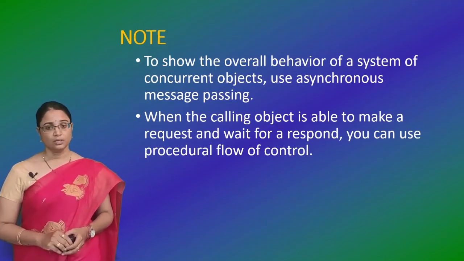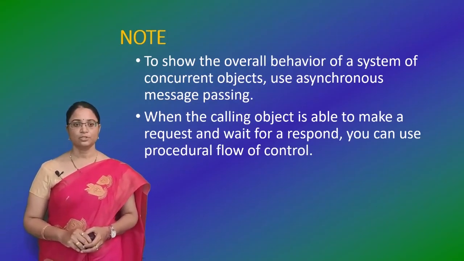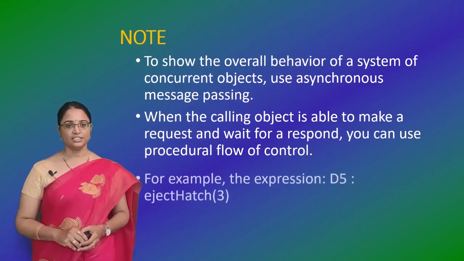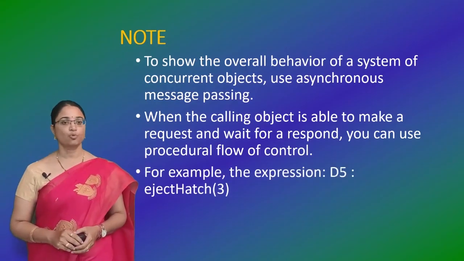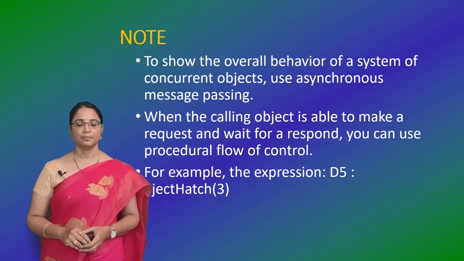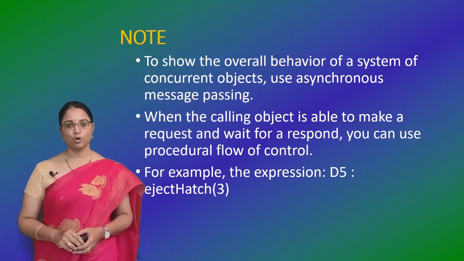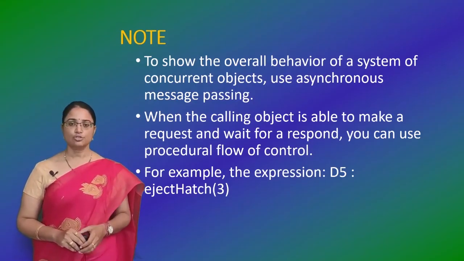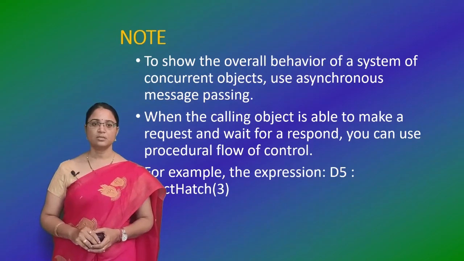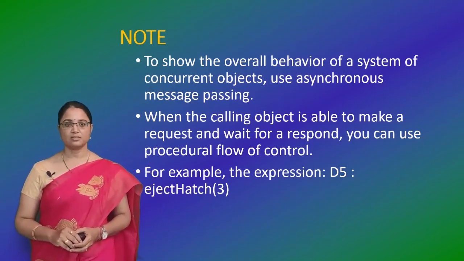So here I want to give one example. Suppose you have the expression d5 colon eject hatch(3). What does this expression mean? It specifies the operation. Here we have one operation, eject hatch. We consider this an operation because we specify it using parentheses.